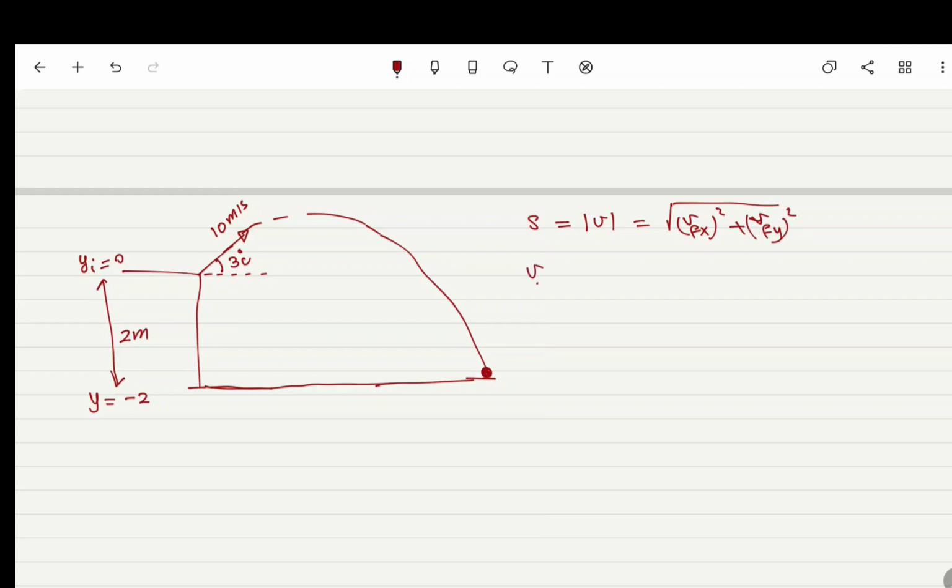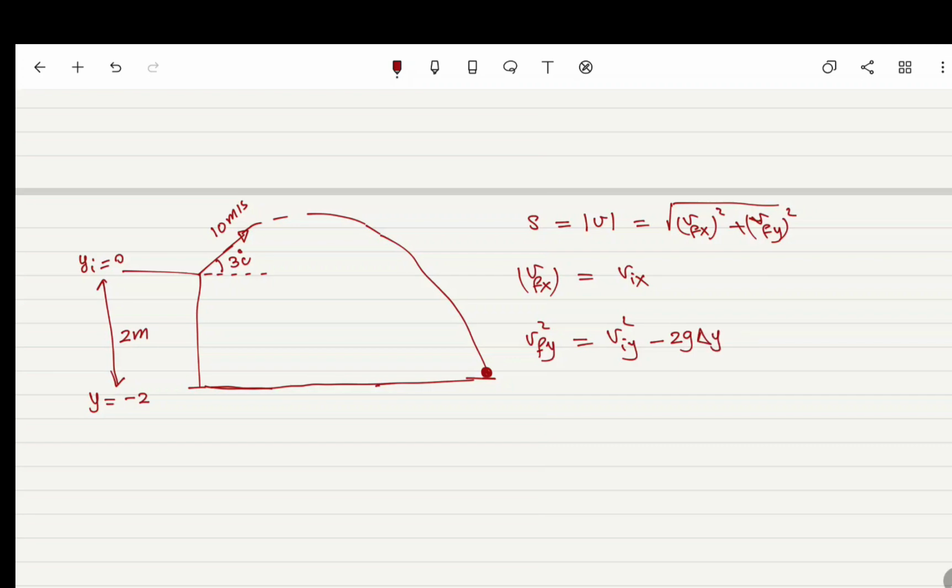Remember, the v final x here is equal to the initial x. In projectile motion, the x component of velocity is constant. Now we need to calculate the v final y. Use this equation here, v final y square equals the initial v y square minus 2g delta y.